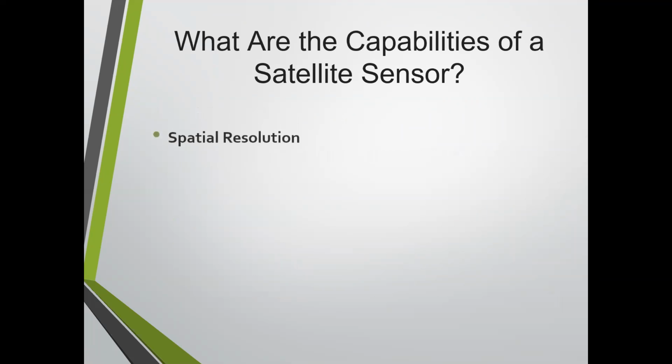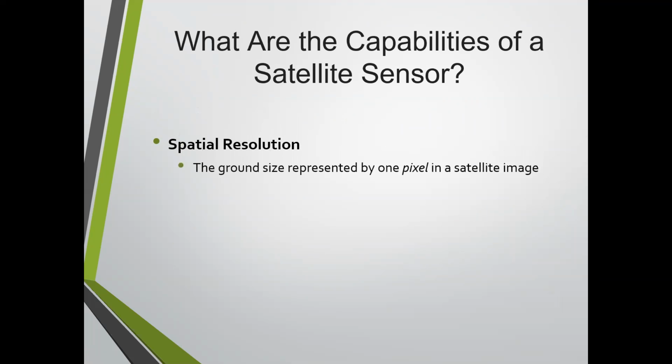So the first one is spatial resolution. Now, we've talked a lot about this. When you hear the term resolution or DPI or pixels, that's basically what we're talking about, spatial resolution. This is the size of the ground that is represented by 1 pixel on that satellite image, or 1 cell of data.